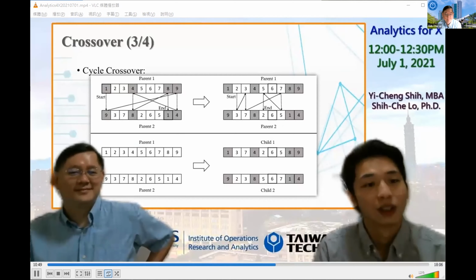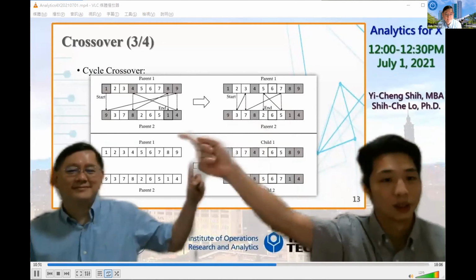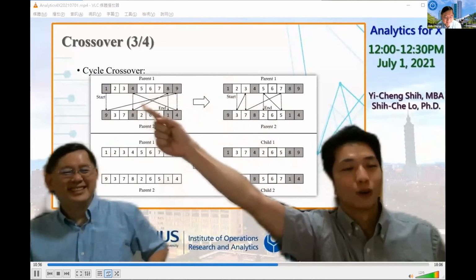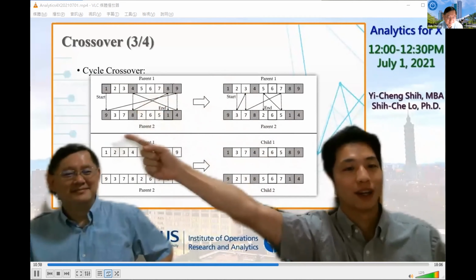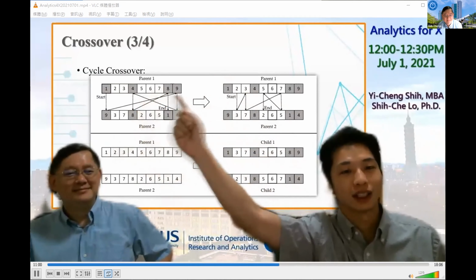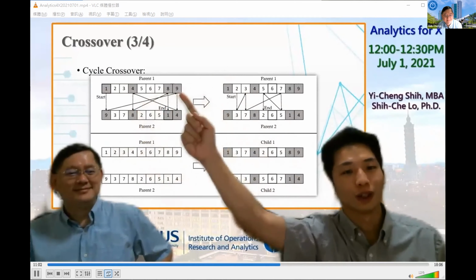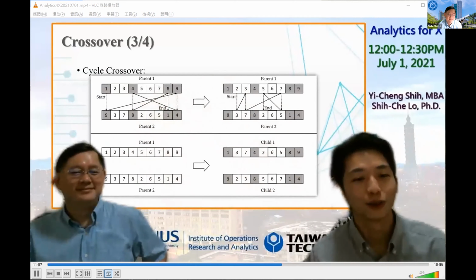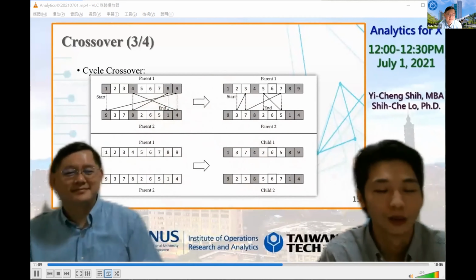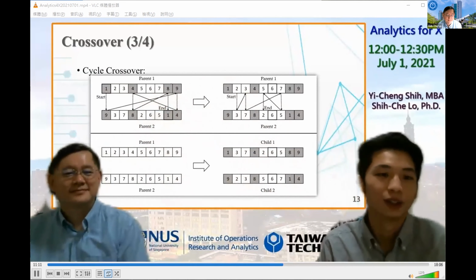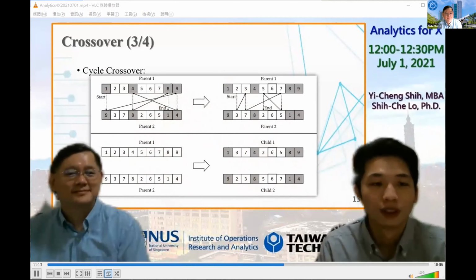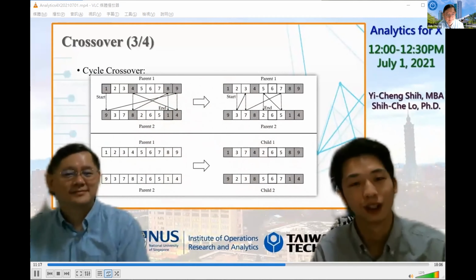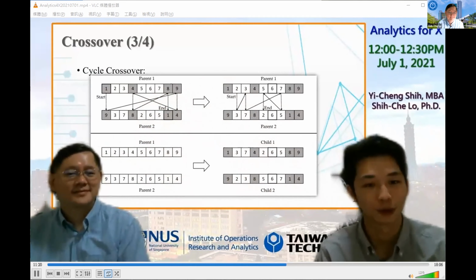In this example, the 1 will map to 9, and 9 will choose the next position for parent 1, and 9 and 4, and 4 and 8, and continue the process until the cycle occurs, and preserve the elements in these positions and exchange the others, and we will get the offspring.